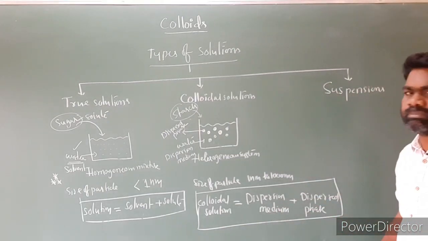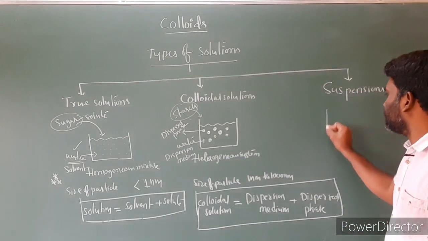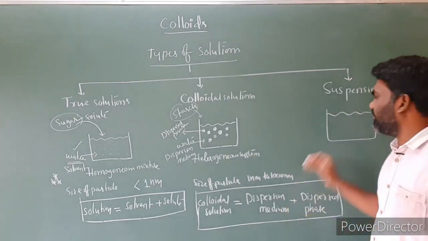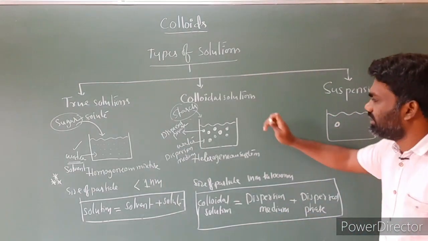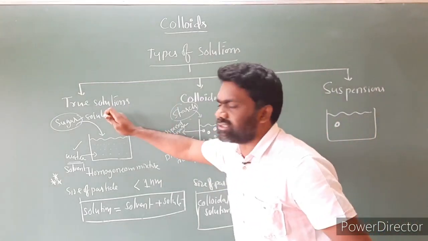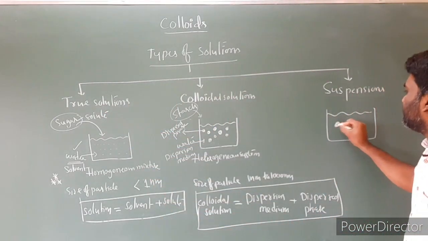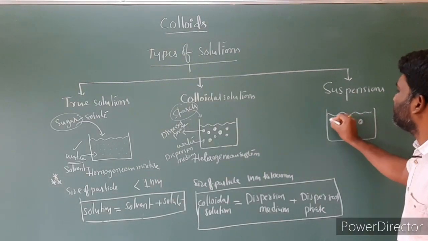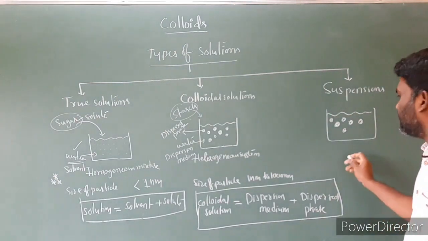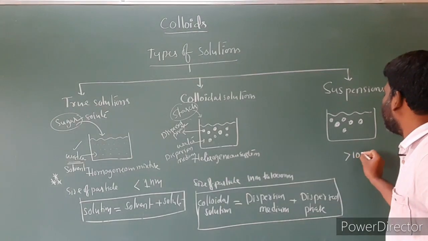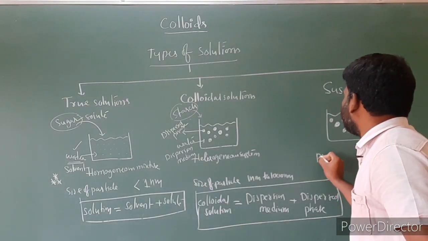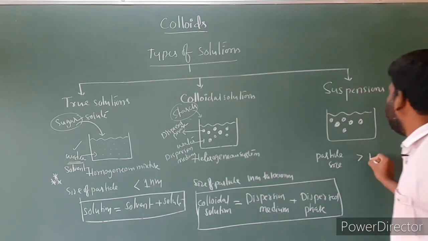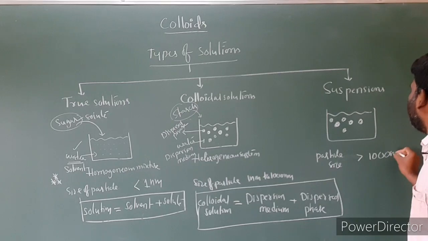Then coming to suspensions. In the case of suspensions, the particle size is very, very large when compared to colloidal solutions as well as true solutions. The particle size is greater than 1000 nanometers.